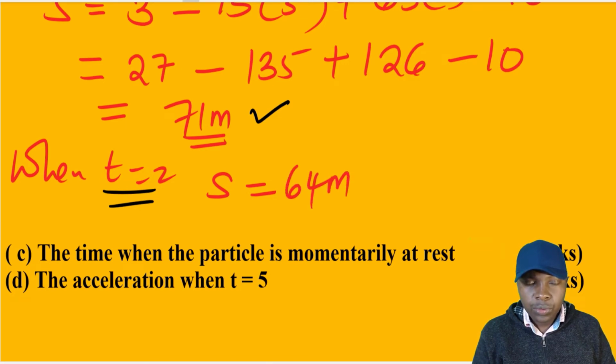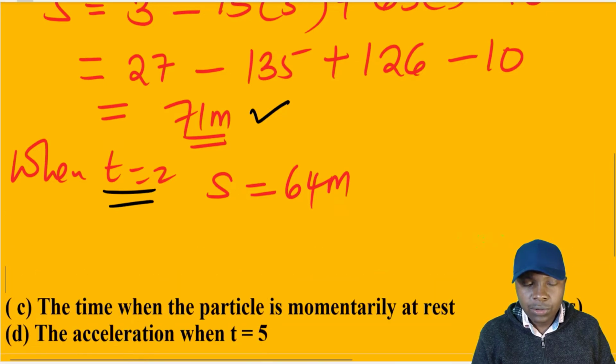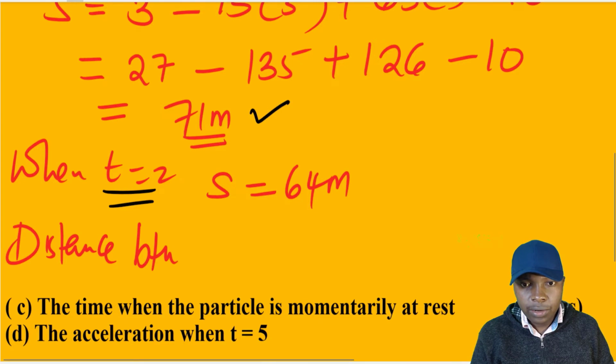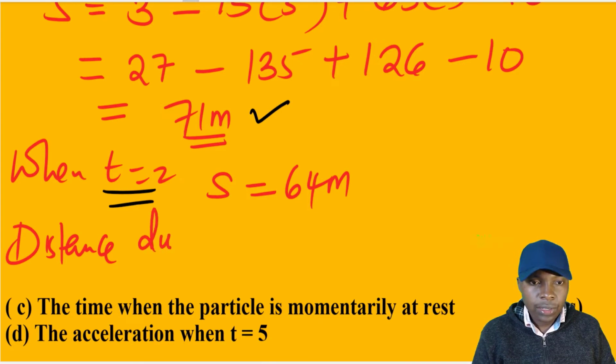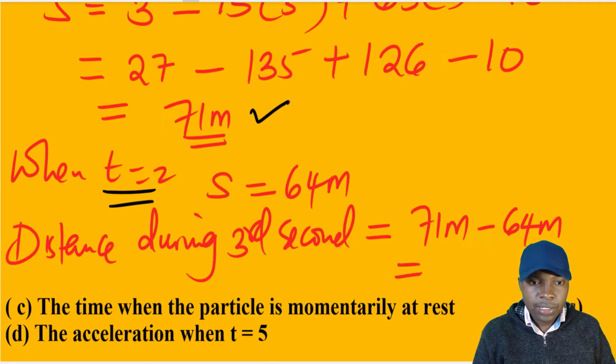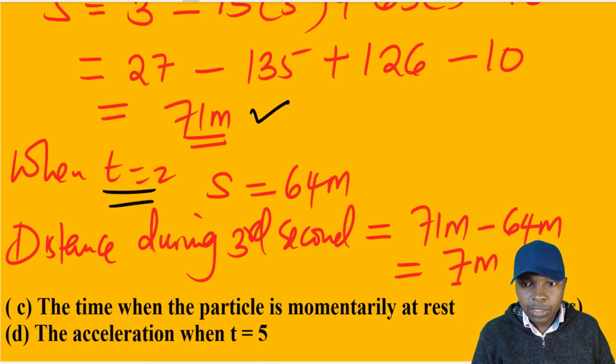Now that we have the two distances, 71 meters for t equal to 3 and 64 meters for t equal to 2, the distance during the third second, which we identified as the distance between 2 and 3 seconds, will be 71 meters minus 64 meters, which gives 7 meters. So that is what you get.